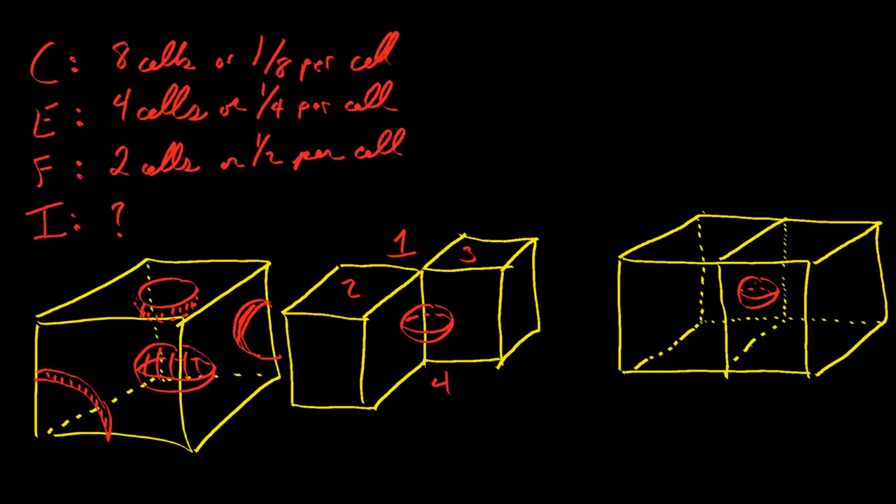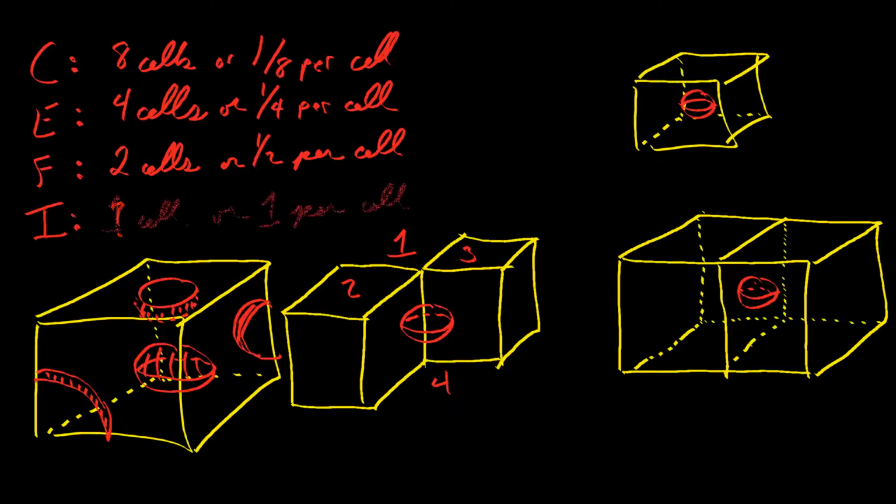Finally, if the atom is sitting entirely inside the cell, then it's entirely inside the cell. It isn't shared with any others. So one atom inside is one atom inside, and it contributes 1 sphere, or 1 atom, to the interior of the cell.